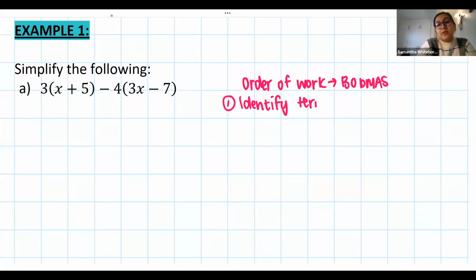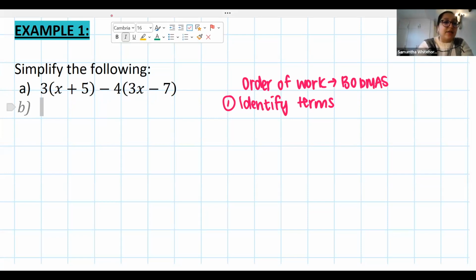Now, when we identify terms, or if we want to know how many terms are in an expression, we are looking for plus and minus signs that are outside of brackets or fractions. So in this case, I do have a minus sign and a plus sign inside brackets, but they're inside the brackets. I don't care about them. The only sign I actually care about in terms of my terms is this negative. That is separating my expression into 2 terms.